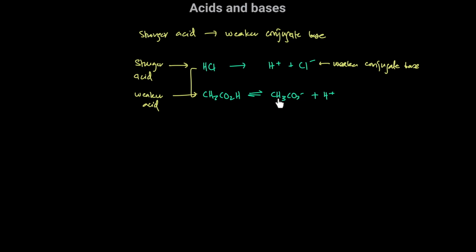So that means that the ethanoate ion will more readily accept protons than the chloride ion would. So we can say that this is a stronger conjugate base than the chloride ion.